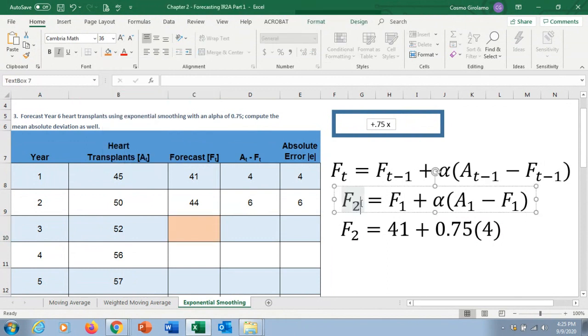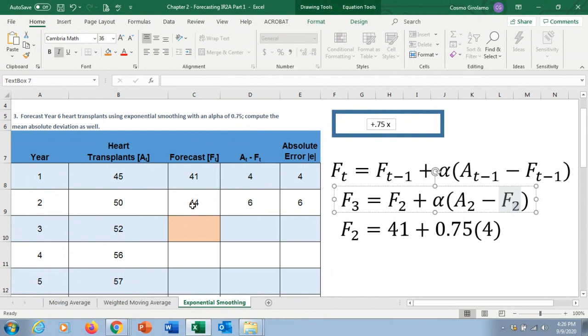So how do I calculate F3? Well, F3 is, start with what happened 1 period ago. So that would be F2 plus alpha times A2 minus F2. So I'm going to try to predict F3.